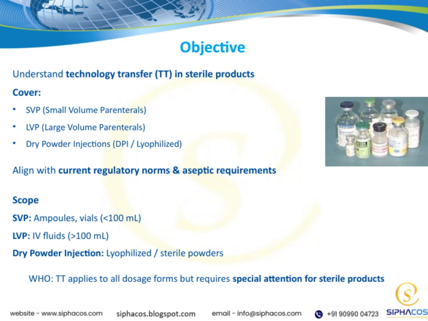LVPs involve larger volume IV fluids. Think bags or bottles over 100 ml, and dry powder injections are lyophilized or sterile powders that need reconstitution before use. Overall, the key takeaway is that technology transfer in sterile products must be meticulously managed to ensure safety, efficacy, and compliance at every step, aligning with global norms and aseptic practices.